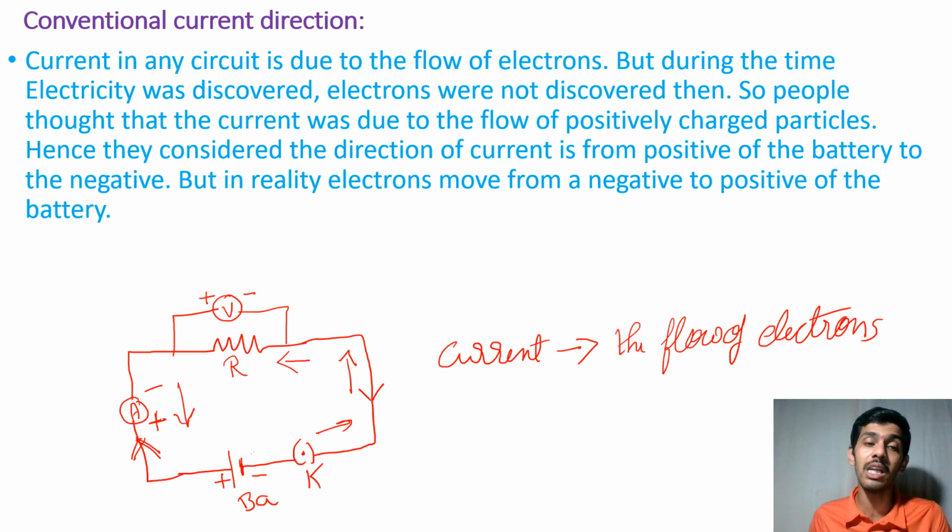Even after knowing the direction of flow of electrons, we have not changed the direction of current. We are using it as a convention that they followed, and we are also following it. This is the internationally accepted convention. That is why we do not call it the direction of current, we call it the conventional current direction.